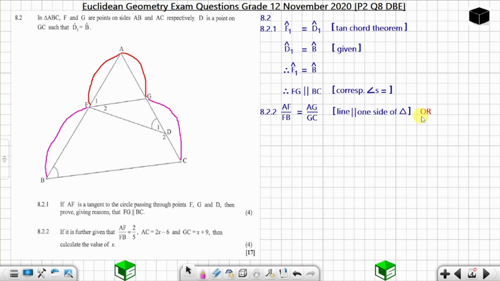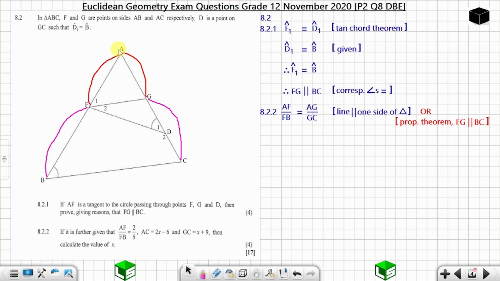Or you can say the reason is proportionality theorem, FG parallel to BC. So now we have AF over FB, which is equal to 2 over 5. We don't have AG.